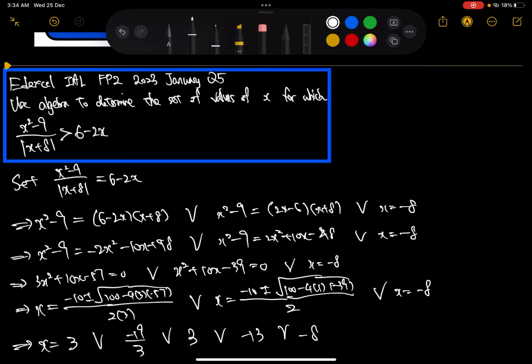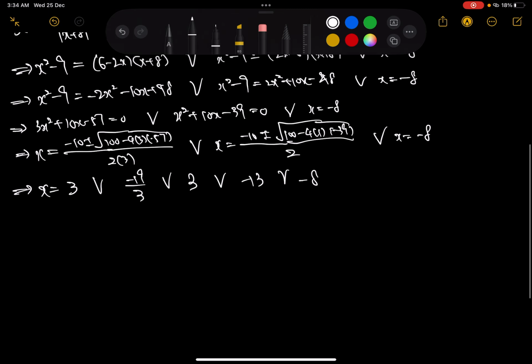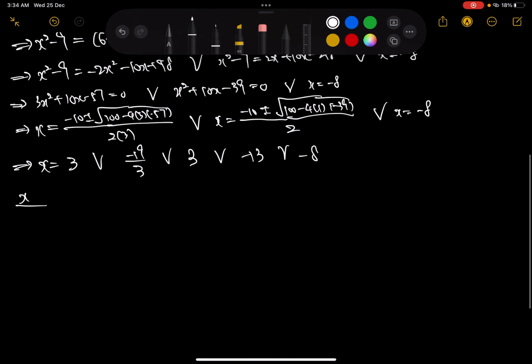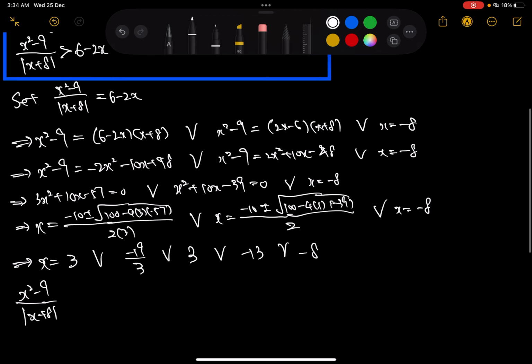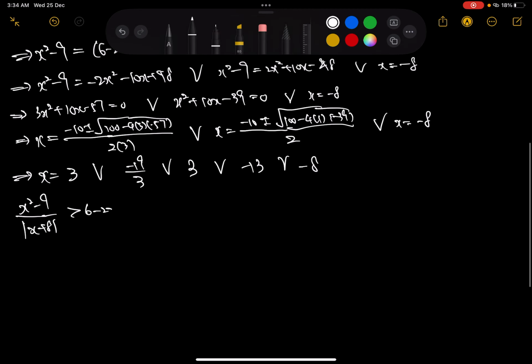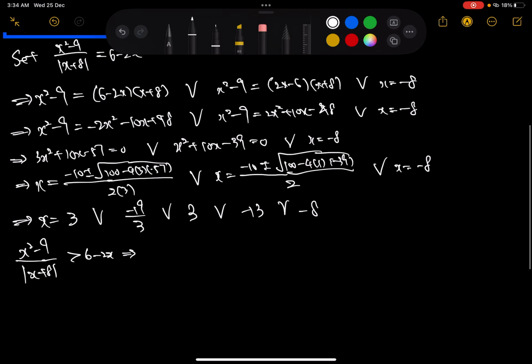If not, because this is an inequality, so we have, making sure I'm not copying down this wrong, this implies 3x squared plus 10x minus 57 is greater than 0. Is that true? Yeah. Or probably should be an and.